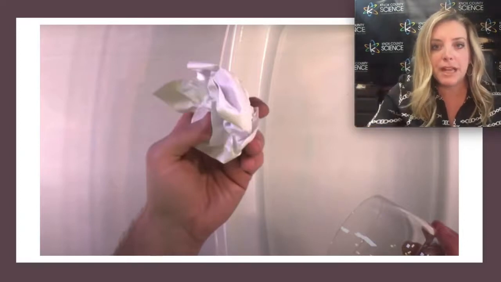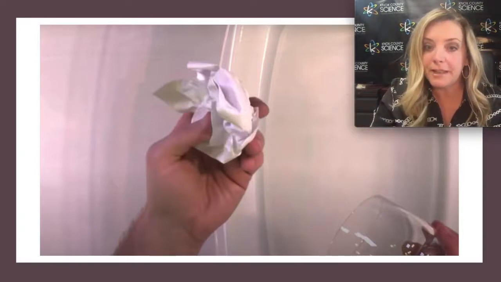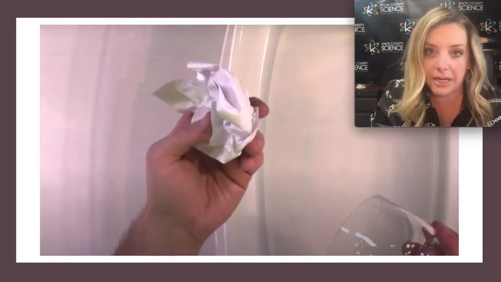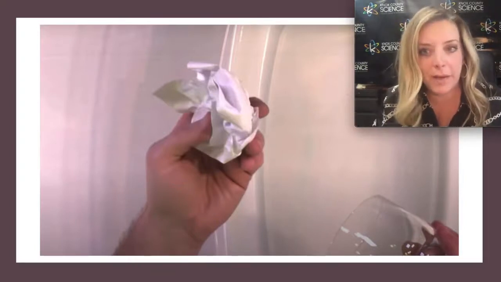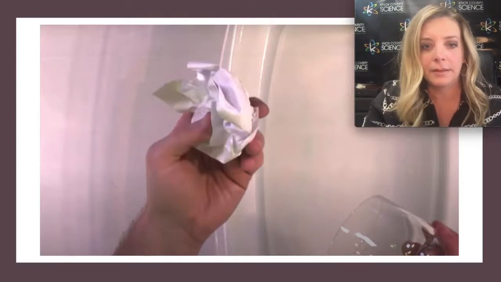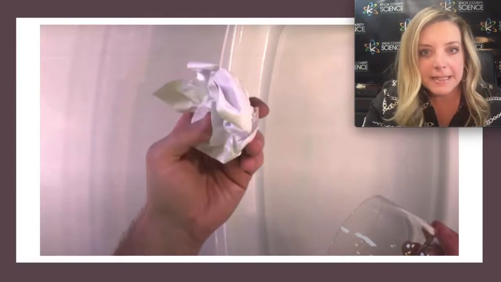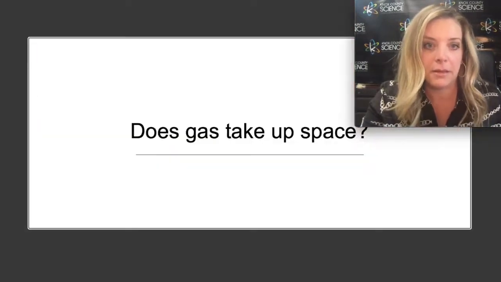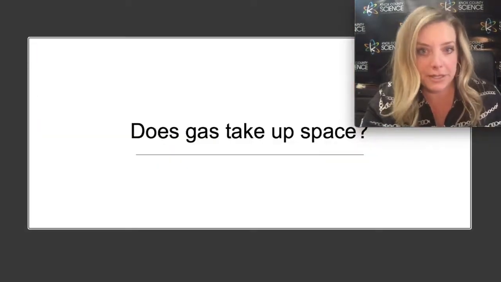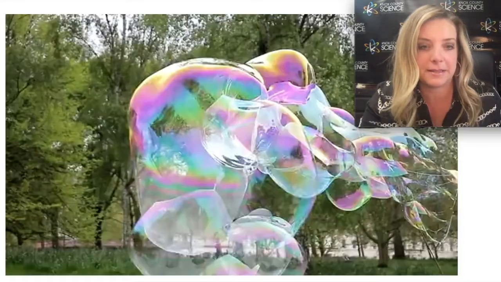And as you push it down under the water, guess what? It's going to trap some of that air. And that air protected the paper or napkin from getting wet. So air takes up space. We know it takes up space now. This proved it. So our answer is yes, it does take up space.